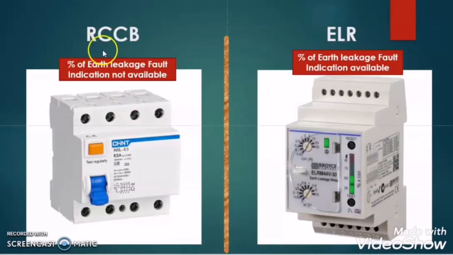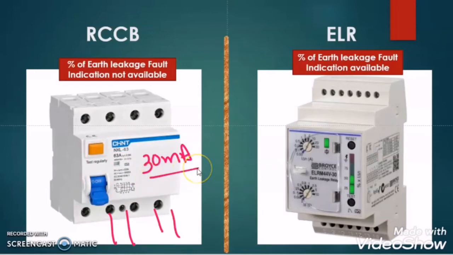Let us move to the other difference between the RCCB and ELR. In the case of RCCB, if an earth fault happens and the sensitivity rating of this RCCB is 30 milliampere, if it senses an earth leakage fault current more than 30 milliampere, it will trip. But in the case of ELR, suppose we set the sensitivity rating at 1 ampere.